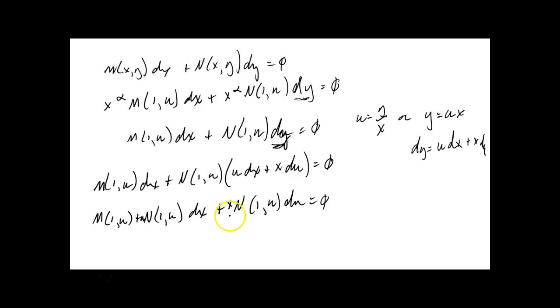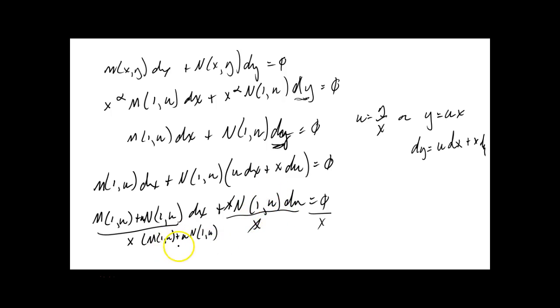So I'm going to divide every term by x to get this out of there. And of course, that won't matter anything over here. And divide by x here. And these others are all dependent on u. So I'll divide this by M of 1, u plus u N of 1, u.